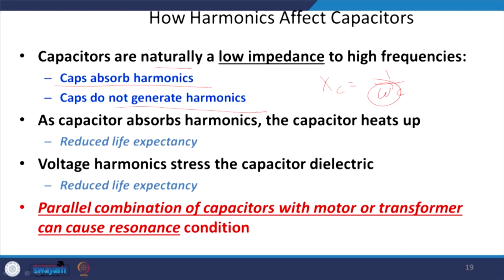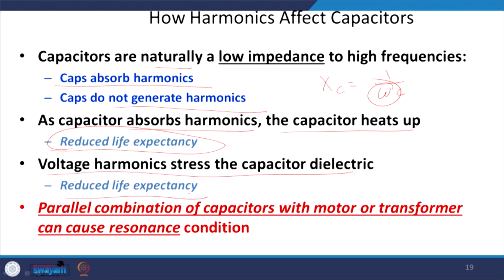As the capacitor absorbs harmonics, the capacitor heats up and the life of the capacitor reduces. Ultimately its insulation is destroyed and life gets reduced. Voltage harmonic stress in the capacitor dielectric thus reduces the life expectancy of the capacitor.